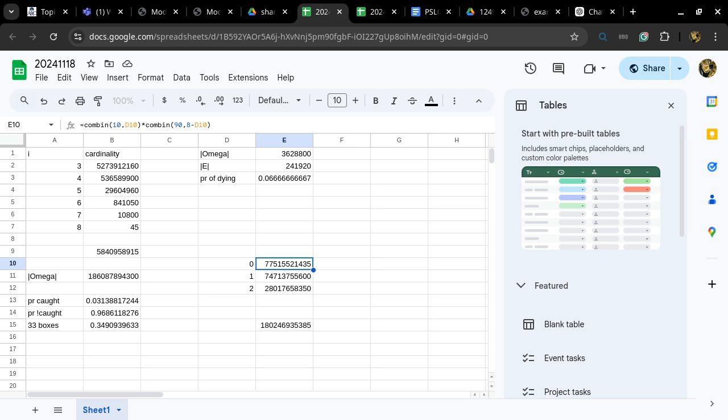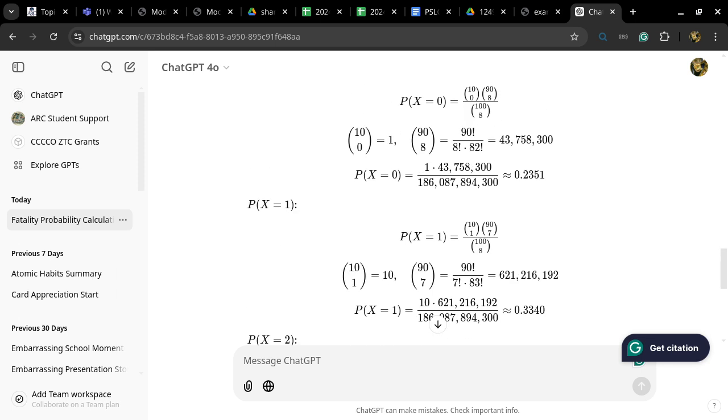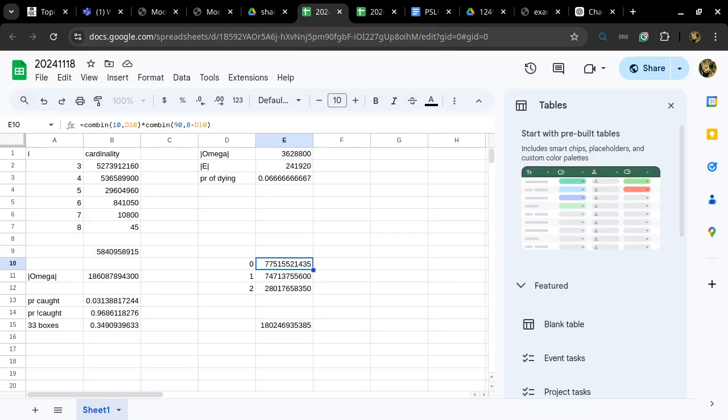Between the 0 and 1, that's almost the entire thing, and according to ChatGPT, between the 0 and the 1, it only accounts for 1/2 of it. So the math is definitely wrong here. It's either me or ChatGPT.